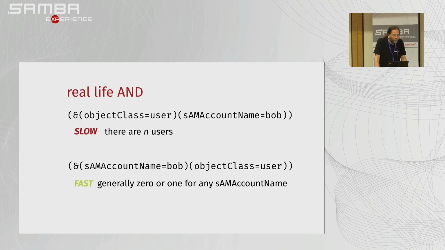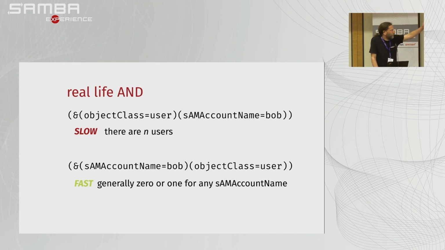Now, here's in real life. If you do object class equals user, and SAM account name equals Bob. Usually there's 0 or 1 things with any SAM account name. And your number of users is typically how people measure the size of their domain, so it could be hundreds of thousands.